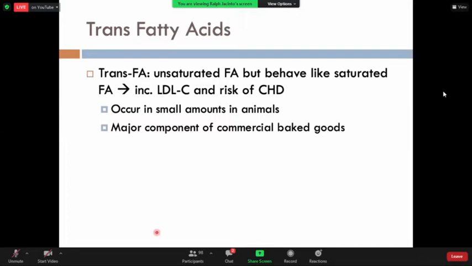Now, this occurs in small amounts in animals because in nature, the predominant form of unsaturated fatty acids would be the cis form or the cis configuration. However, after the baking process, for example, heating it and then cooling it down, it will change its configuration. From a cis configuration, it becomes the trans configuration.